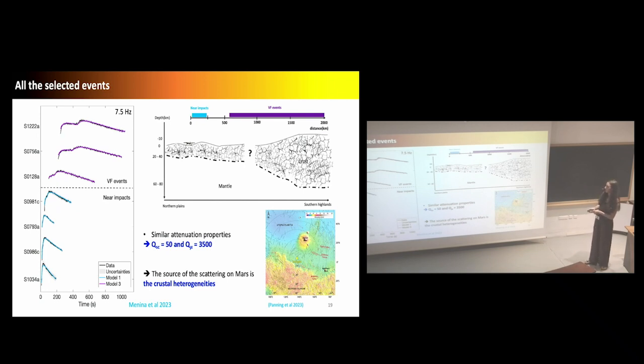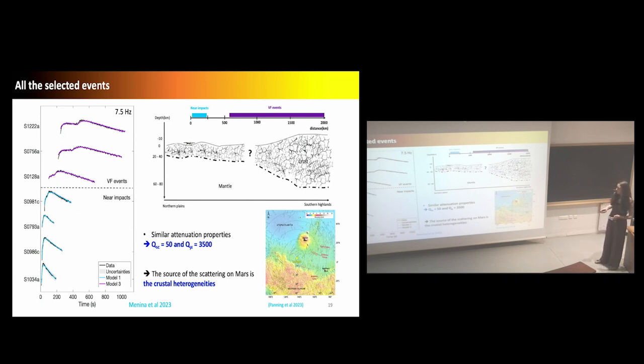So this was the main result of the research, because in the end what we concluded is that on Mars the scattering source is directly related to the presence of heterogeneities in the crust. It's not like on the Moon. On the Moon it is really the extended depth of the fractures in the medium, which can reach between 60 and 80 kilometers.